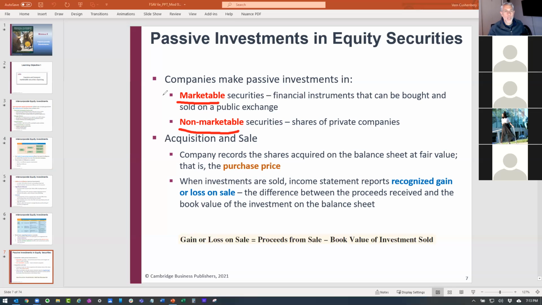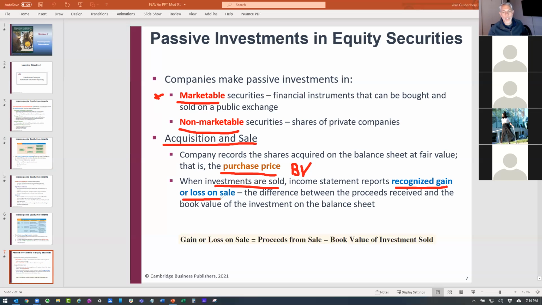Okay, so for either one of these, when we have the acquisition or the sale, we're going to use the purchase price, and that's what's going to show up on the balance sheet, and that's called book value. Now, when the investment is sold, we're going to take the difference between the sales price and the book value and recognize a gain or loss.